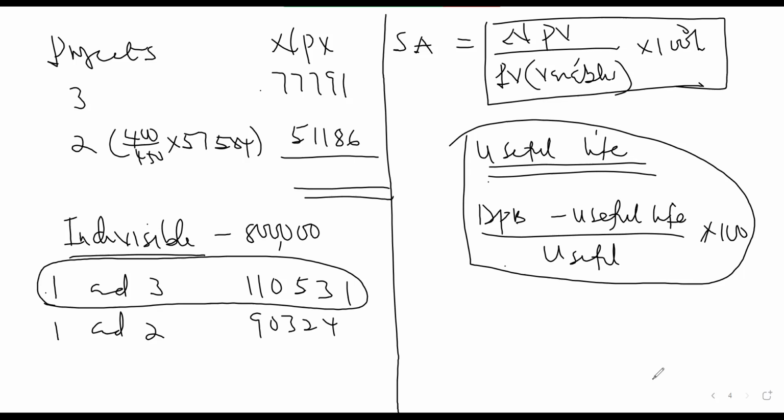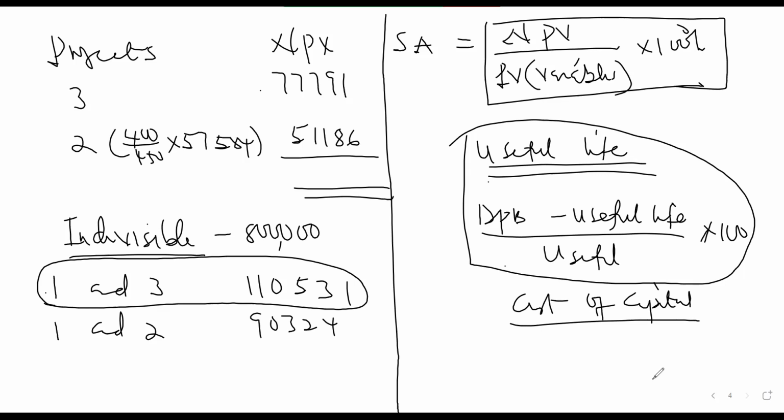But if you are looking for cost of capital, we want to know by what percentage the cost of capital should increase or decrease for the project to break even or for the project to make a loss.